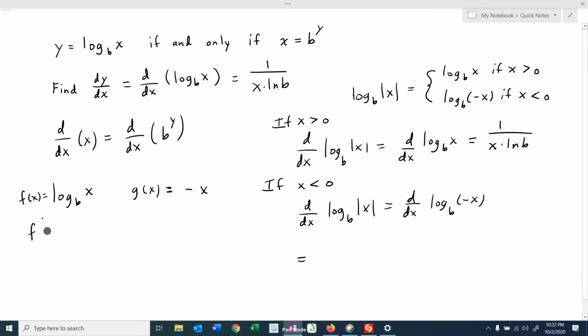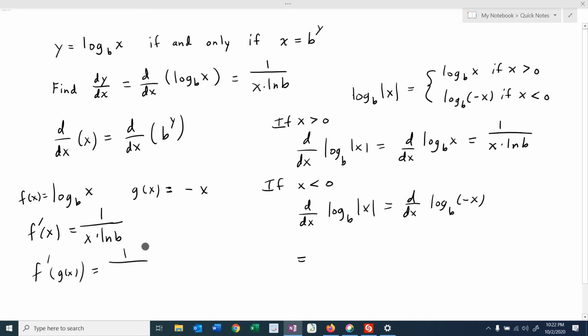Okay, and so the derivative of the outer function, or derivative of f, right, f prime, would be 1 over x times the ln of b. And then we have to evaluate this at g of x to get the outer derivative.